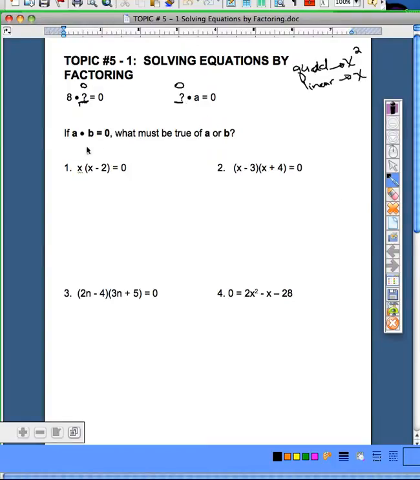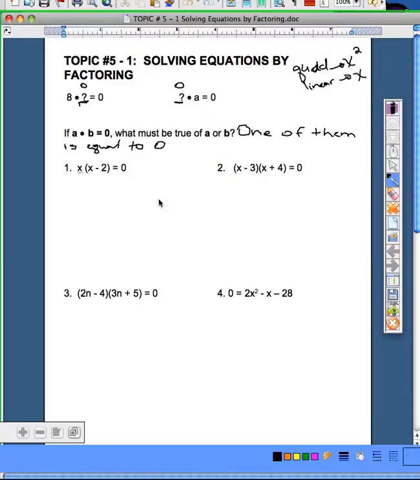So our conclusion that we're going to write, if a times b equals 0, what has to be true of a or b? One of them, or it could be both, I guess, but at least one of them is equal to 0.